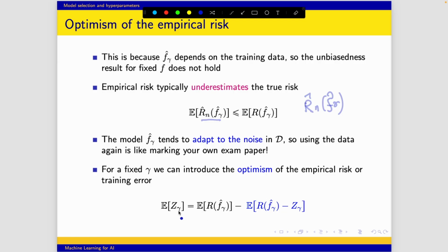So we can decompose this into this part and this part here. This is trivially true because we've got this minus this, so it cancels, and then minus minus plus the expected value of this, which is precisely that.